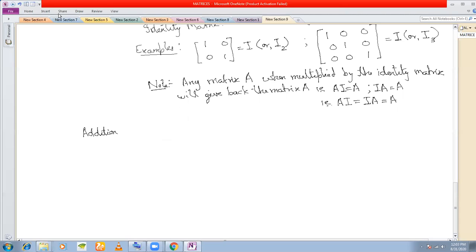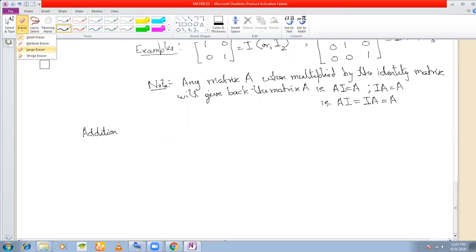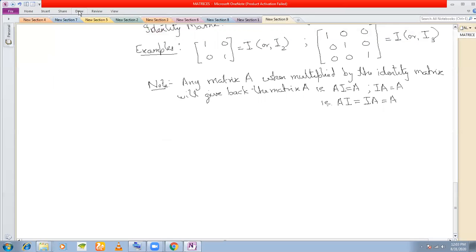In fact, this part will be your algebraic operations on matrices. Addition: you don't need to copy it, just multiplication you will copy.